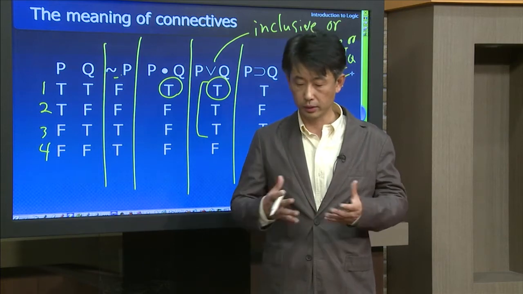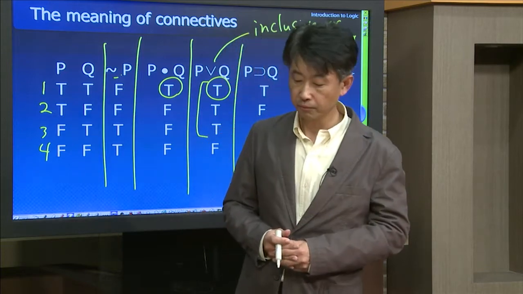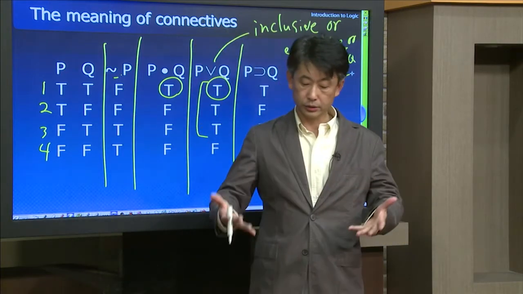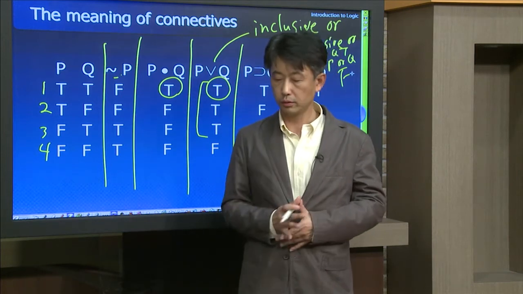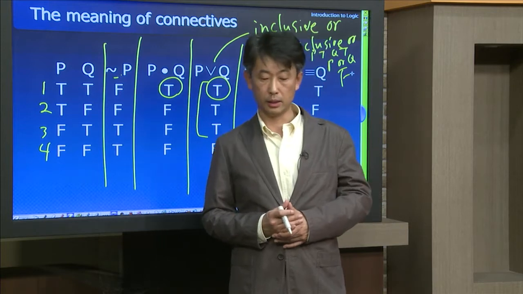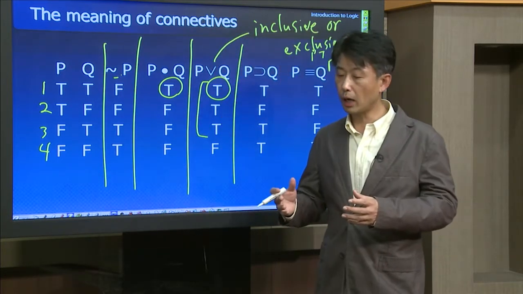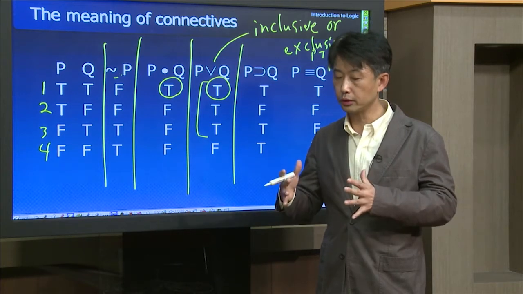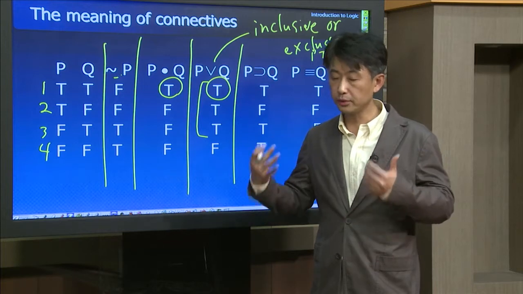The mother is afraid that the kid consumes too much sugar. So she says ice cream or chocolate chips, meaning that both being chosen is ruled out. She's using "or" in the exclusive sense.